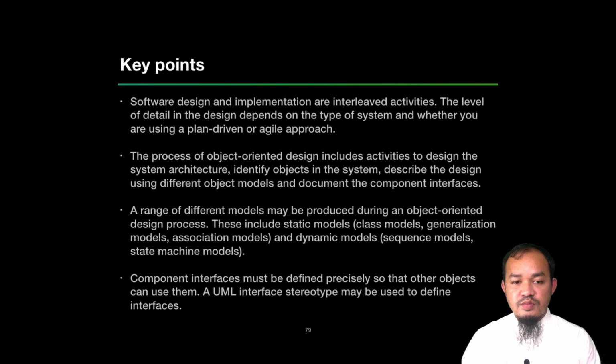A component interface must be defined precisely so that other projects can use them. In UML, the interface stereotype may be used to define the interface. It is better to use UML notation to represent the component interface, so that we talk to other people in the same language. That is UML.